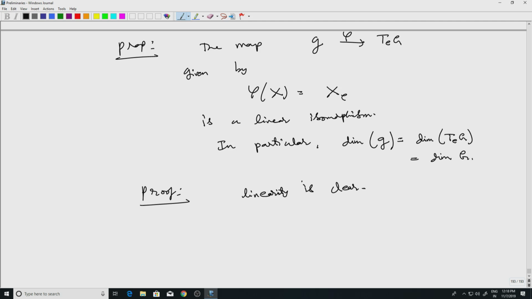Linearity is clear, and so what we have to do is check that the map is bijective.